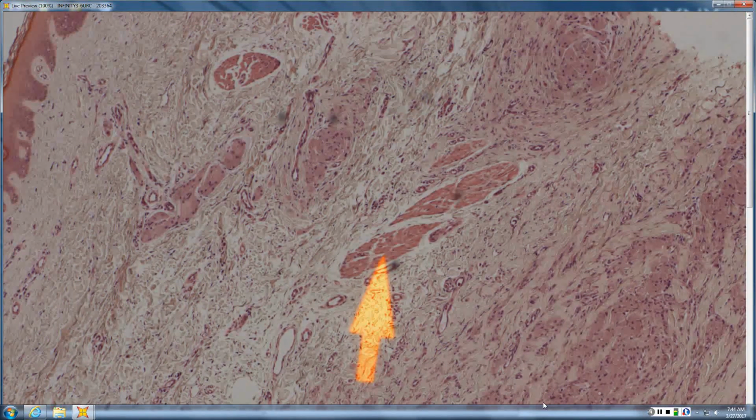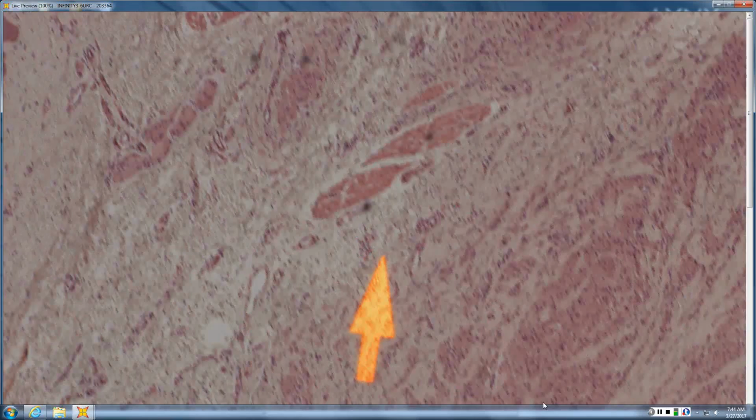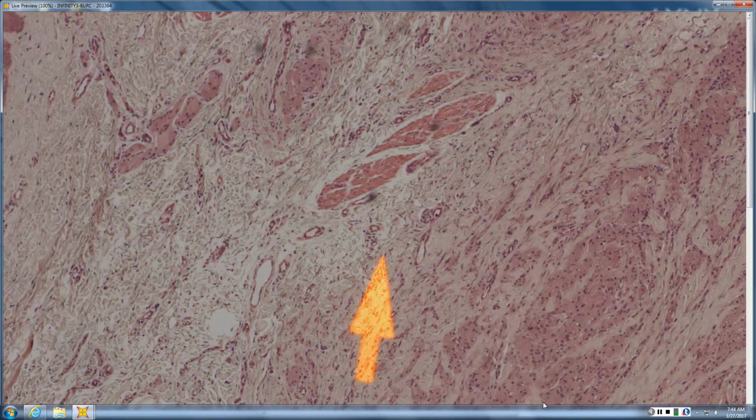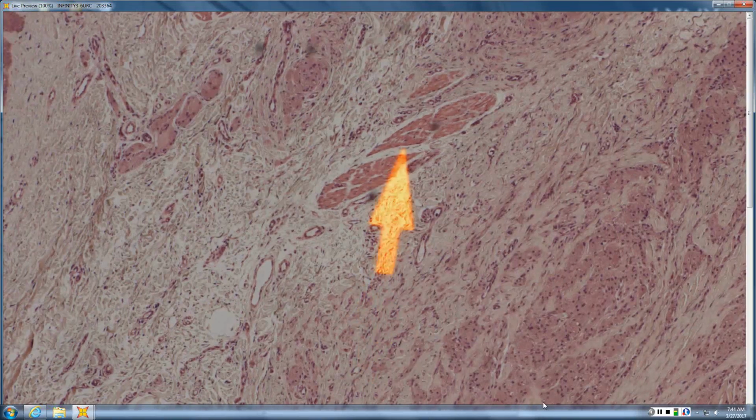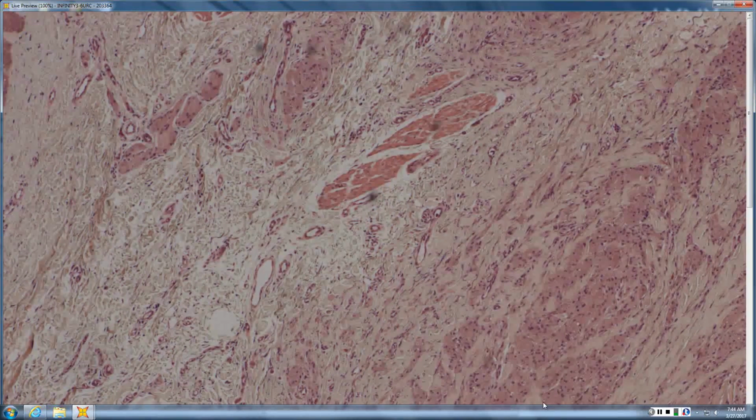Immunostains came out, it's S100 positive, it doesn't have any muscle markers, it's a nerve tumor. But the granular cell tumor, you can still use that similar color as muscle as a hint.